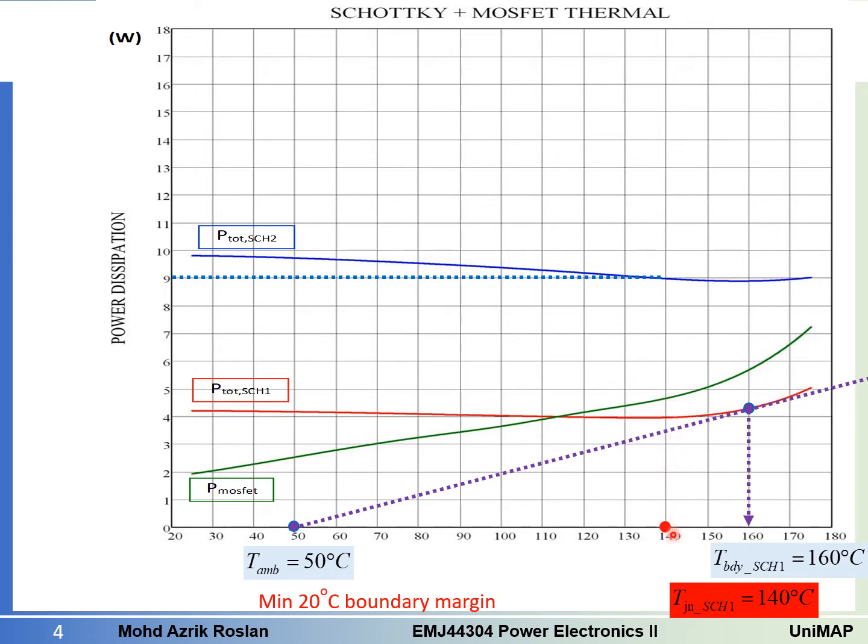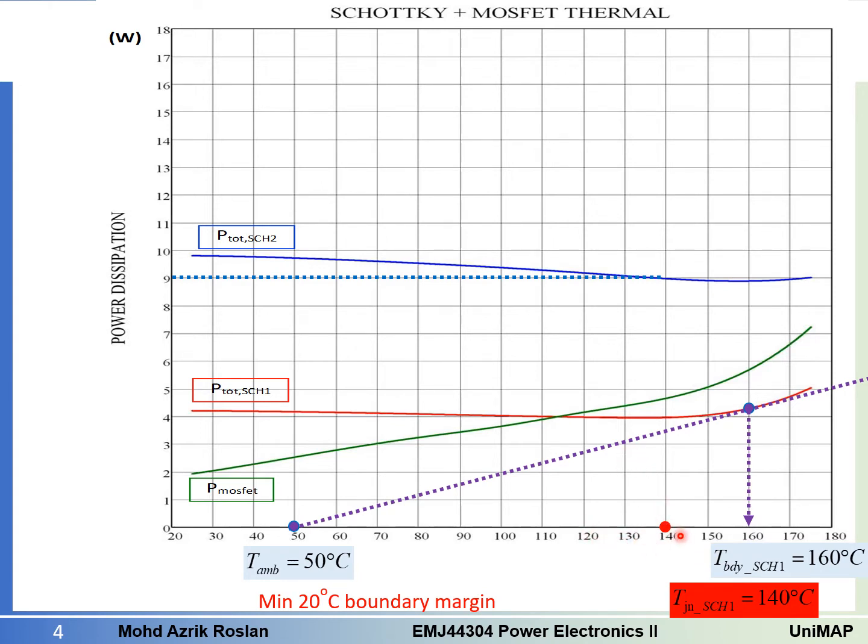This is the 20 degrees C margin from 160 to 140. This is the maximum temperature that you can set for the junction temperature of Schottky 1. If you want to select 130, it's also fine, because you have fulfilled the 20 degrees C boundary margin. Selecting lower than that should be fine as well.